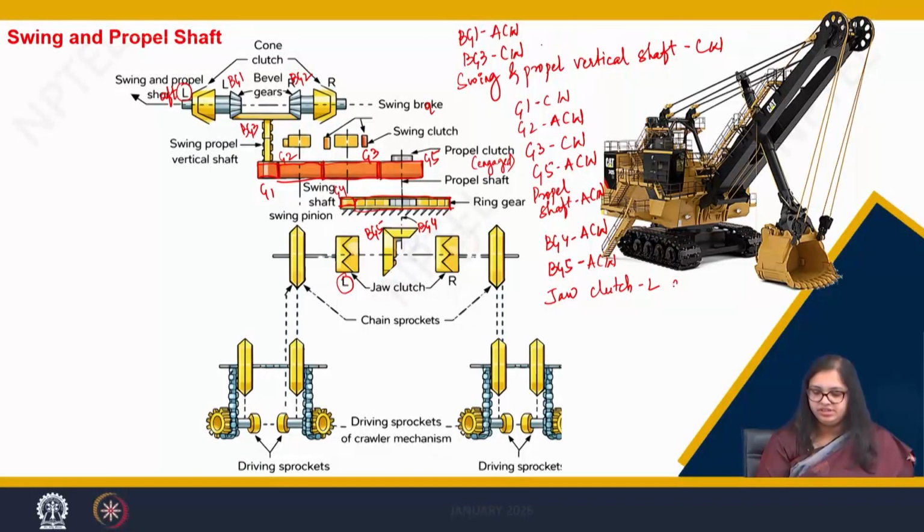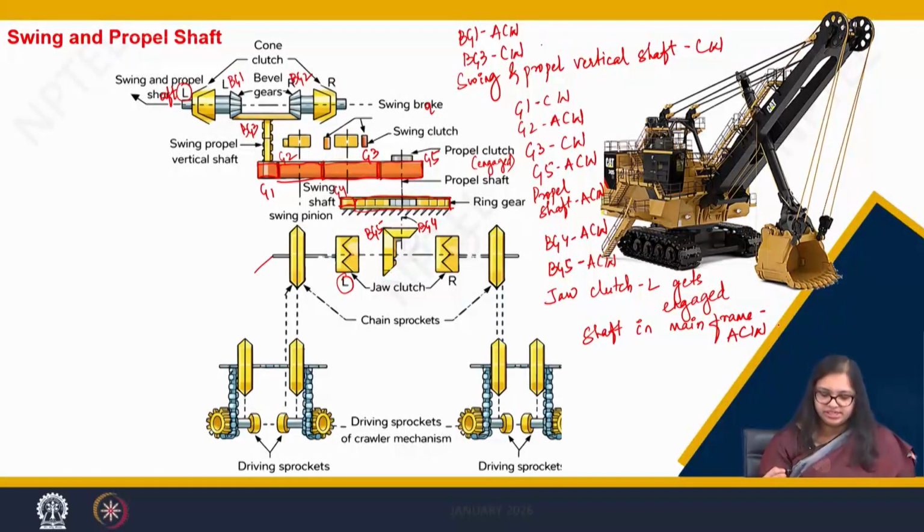jaw clutch left gets engaged. So, this shaft, we can tell it as the shaft in main frame, also rotates in anti-clockwise direction.